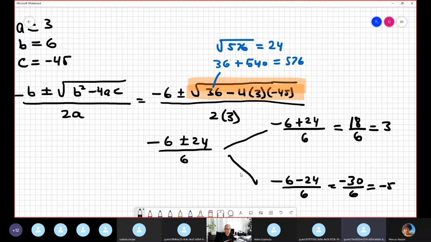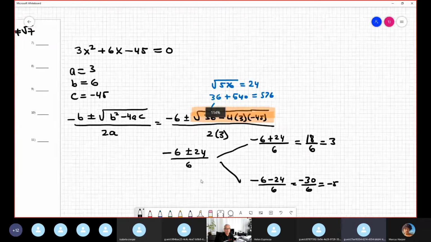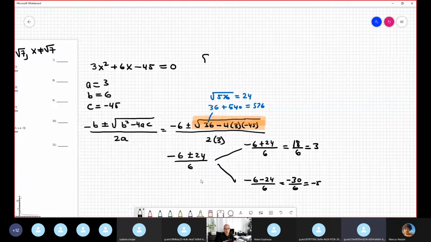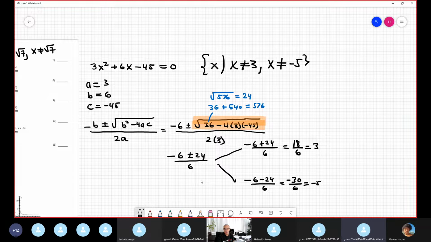So what is the domain? The domain is all real numbers except the bad guys, which are positive 3 and negative 5. So what is your opinion? Is the selection A, B, C, D?